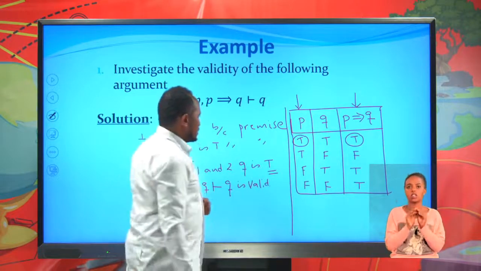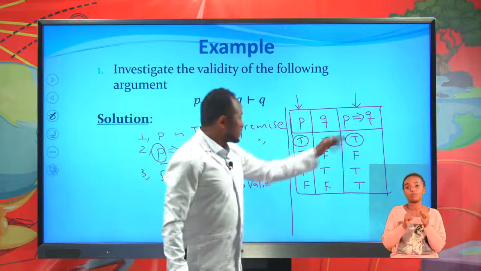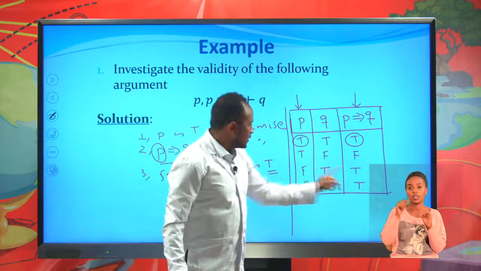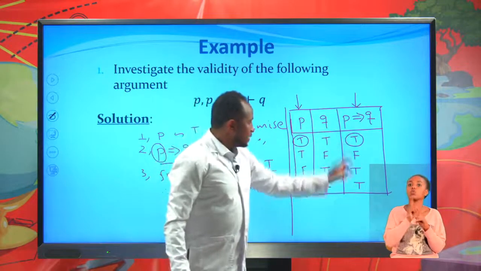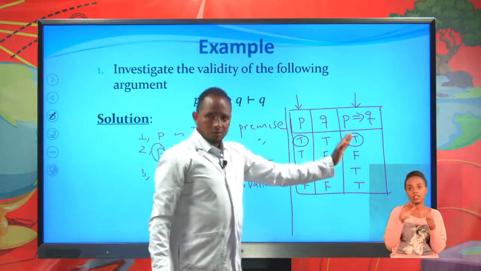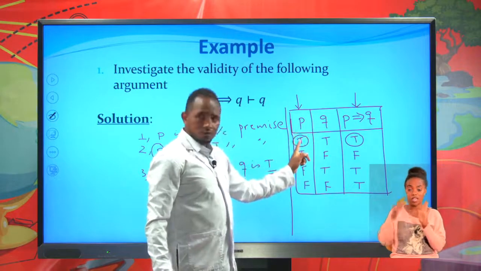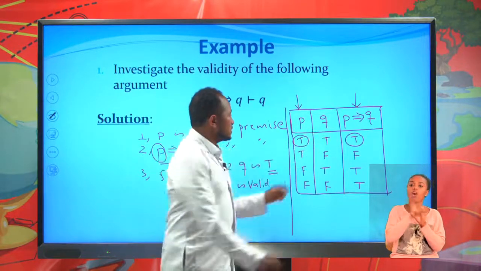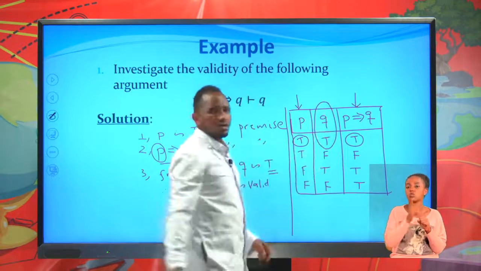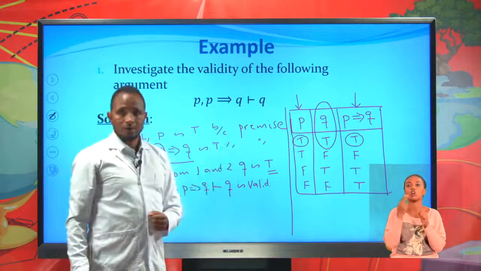Is there any other combination where the premises are true? I think we don't have another. P implies Q is true here, but P is false. Therefore, for the premises P and P implies Q being true, the conclusion Q is true. Therefore, the argument is valid. So you can use a truth table, by the way.